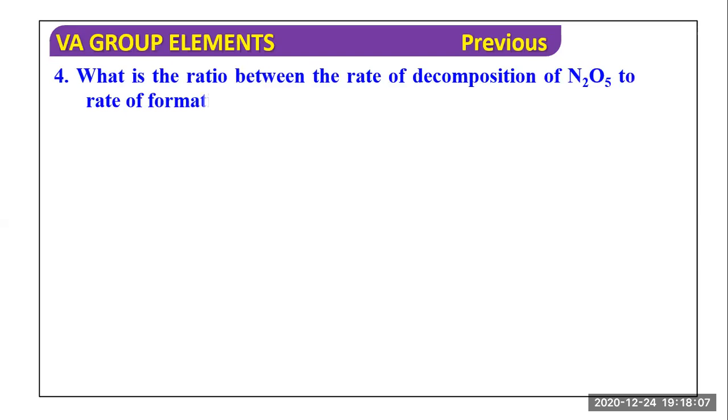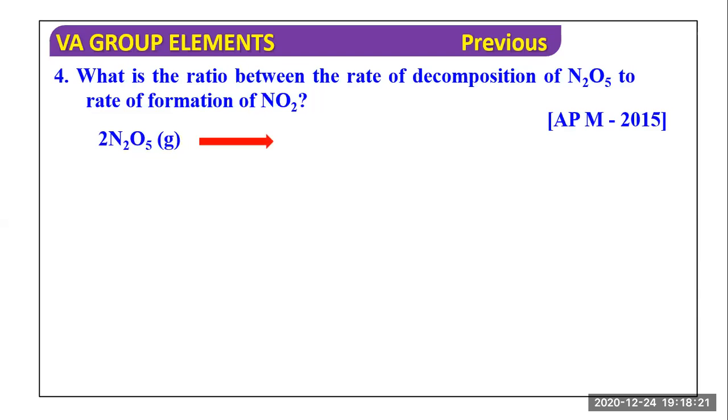What is the ratio between the rate of decomposition of N2O5 to the rate of formation of NO2? So this is a thermal decomposition reaction giving NO2 plus O2.